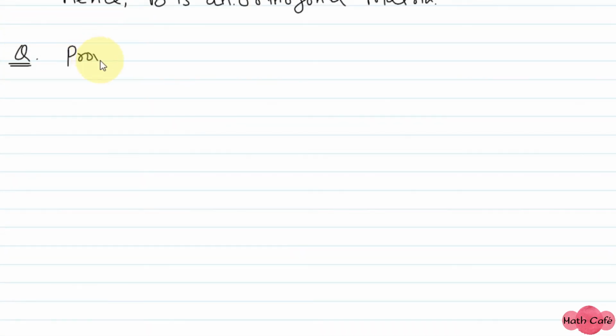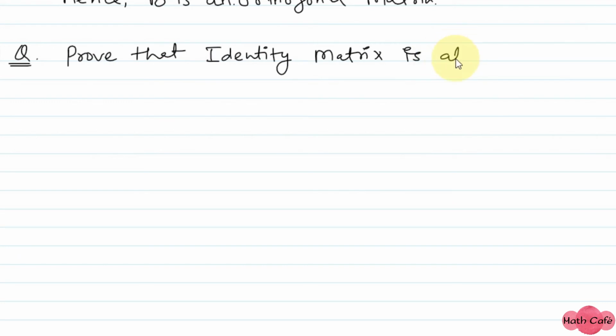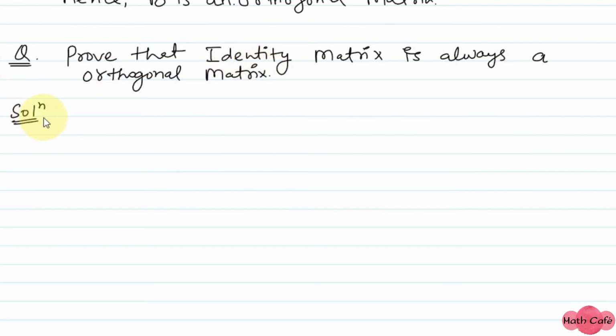Prove that identity matrix is always an orthogonal matrix. All right, so let's proceed with the solution.